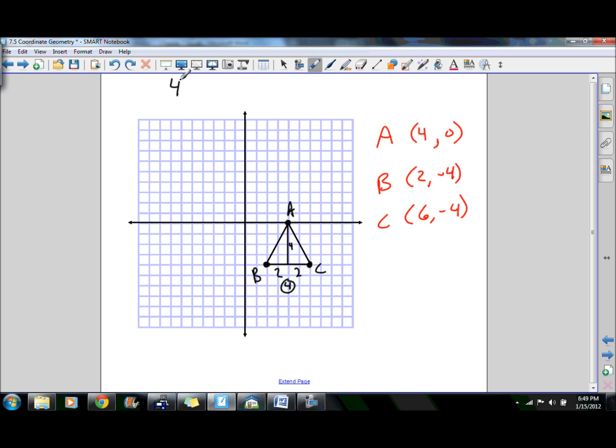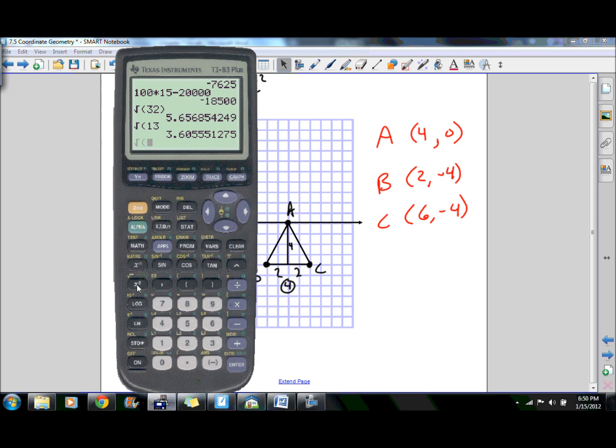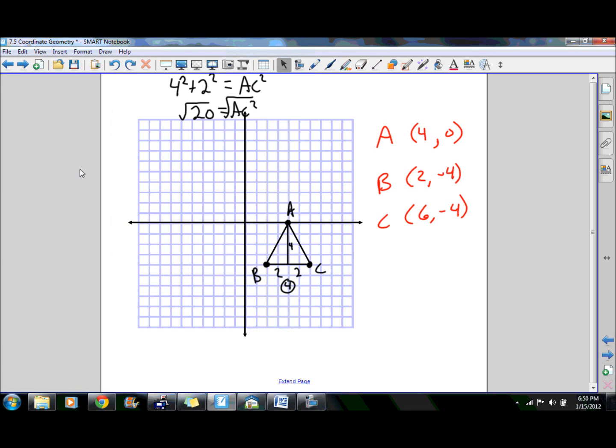So we go 4 squared plus 2 squared equals AC squared, which is going to be 20. Equals AC squared, square root, and the square root of 20 is 4.5. Now, here's the cool thing.